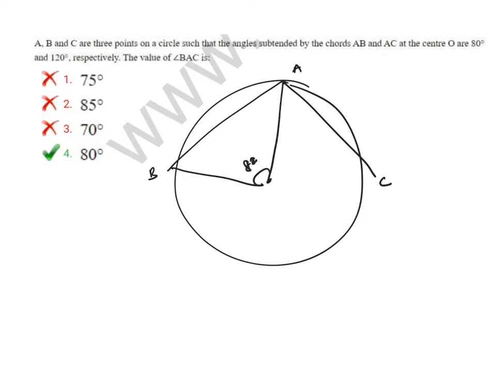You can take this as 80 and this as 120. This is 200, which means the remaining angle is 160. Now, what is the angle BAC? The angle at the center is 2 times the remaining angle. So if it is 160, then it is half of 160, that is 80.